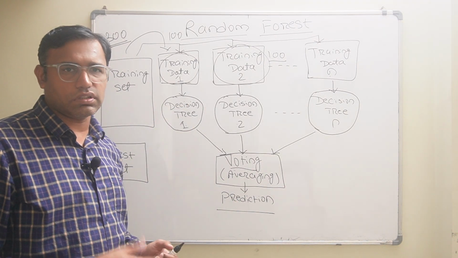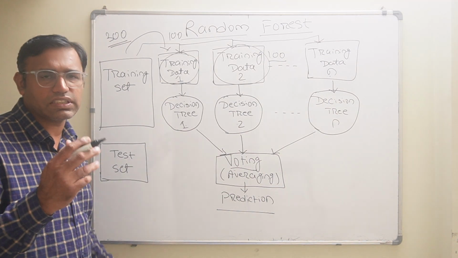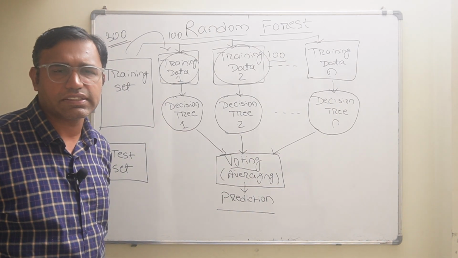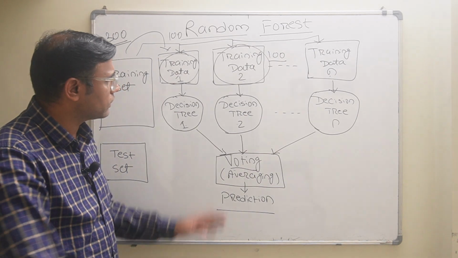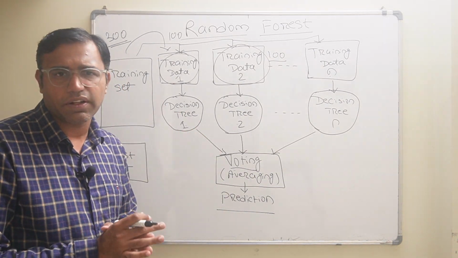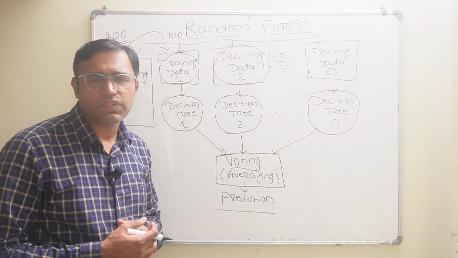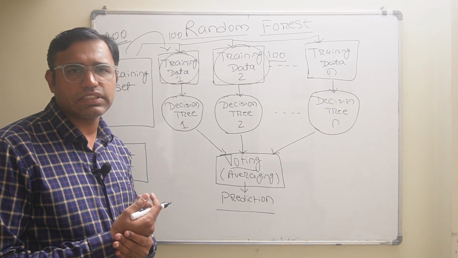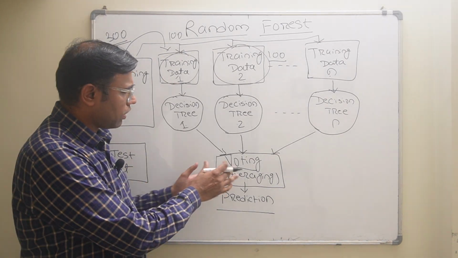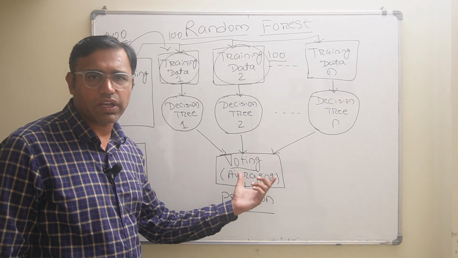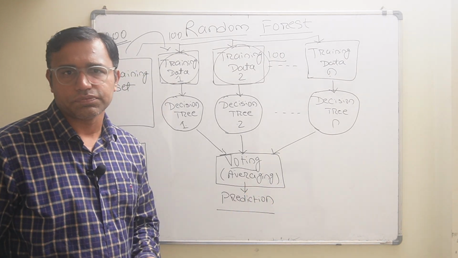From an algorithm point of view, initially there is a training data set, and from it subsets of the training data set are constructed, and from those subsets decision trees are constructed, and then the output of all the decision trees is taken into consideration, voting of the output is done, and based on that the prediction is taken.